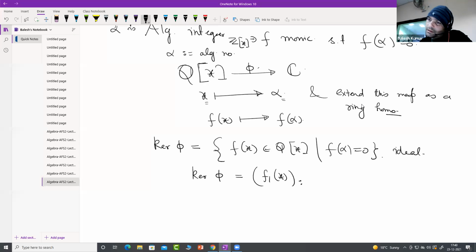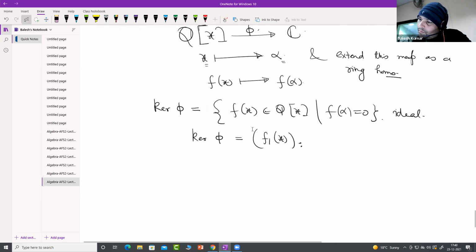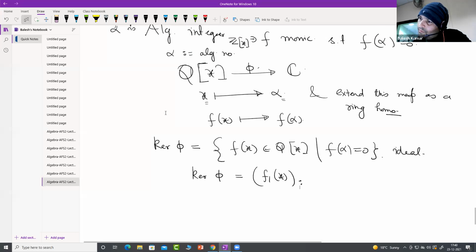Can anyone say what will be this f1 of x? Whether it will be an irreducible element, or it is this f itself, for which f of alpha is 0?